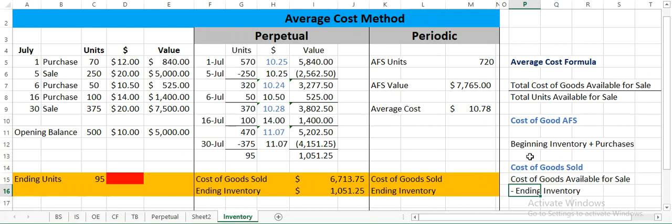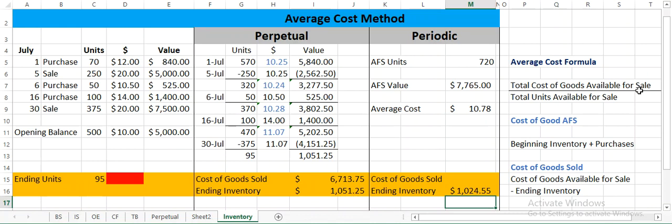We already calculated the cost of goods available for sale here, but we still don't know the value of our ending inventory. Under the periodic system, we calculate our ending inventory first. Ending inventory is equal to 95 units times the average cost we just calculated, $10.78.